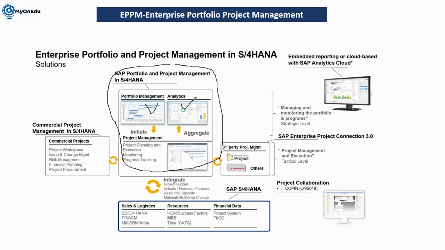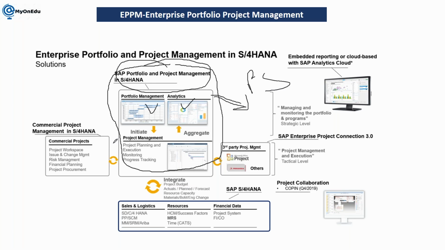Cost object means we don't have any object where we can incur the cost. All objects in portfolio project management are static. Static means you will see only the values; it will not be posted on that object. So when you are going to initiate any project, it has to be integrated with project system. So PPM, portfolio project management, has to be integrated with your project system.